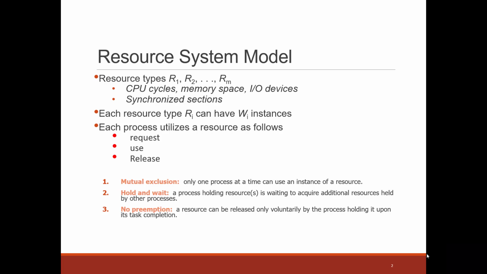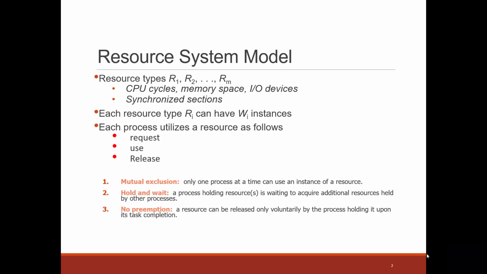Each of these resource types can have multiple instances. The last part of our model will be processes, and these processes request instances of these different resources. When a process requests an instance, it holds that instance, it uses the instance, and it releases the instance.